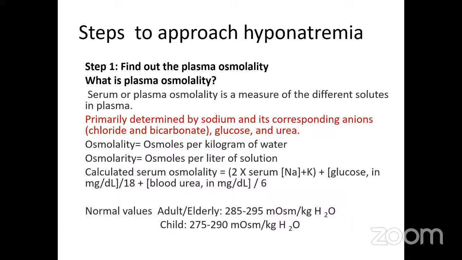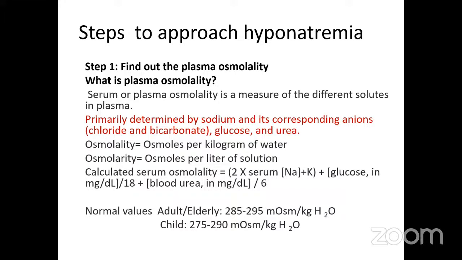First, as we said, anybody presenting with a low sodium, you have to calculate the plasma osmolality. So what is plasma osmolality? This is a measure of different solutes in plasma. What are the important solutes that contribute to osmolality? Mainly it is sodium. Sodium cannot exist as a cation alone.